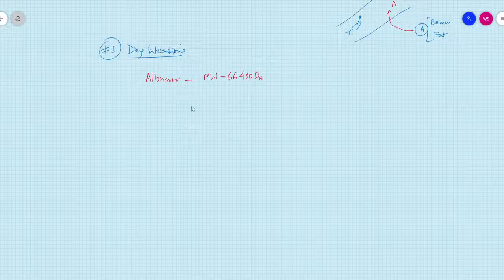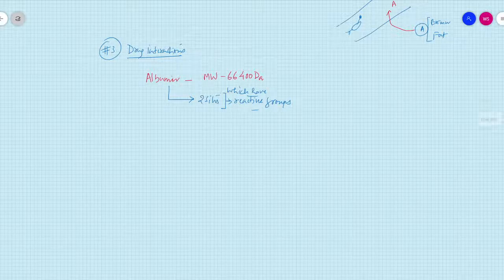Now, this albumin has got two sites which, as we previously mentioned, have reactive groups. Okay, there are two sites which have reactive groups, and consequently, those are the binding sites.